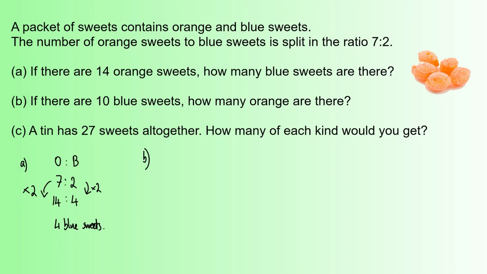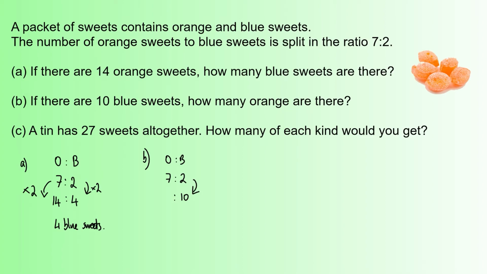Okay, let's have a look at question B. If there are 10 blue sweets, how many orange are there? So again, we're going back to that starting ratio. Orange to blue is 7 to 2. But this time it's telling us there's 10 blue sweets, so maybe another packet of sweets had 10 blues. This time we put the 10 under the blue column.